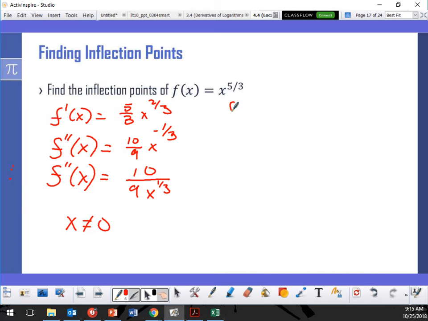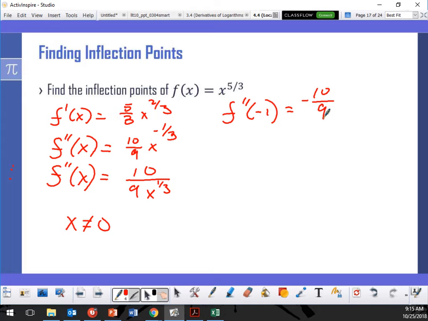Okay, so let's plug in a number to the left. So let's do f double prime of -1. Can I do the cube root of -1? Yes, I can. So what would that give me? Just -1, right? -1 times 9. Okay, so that's going to leave me with a negative 10 over 9. What does that mean?